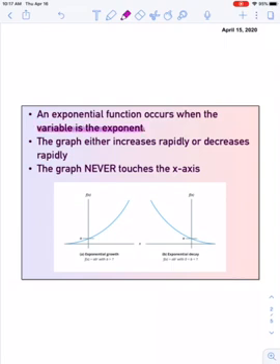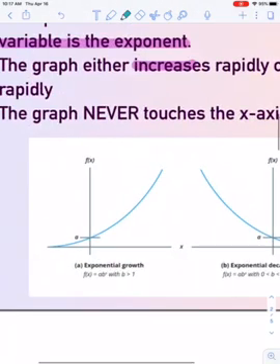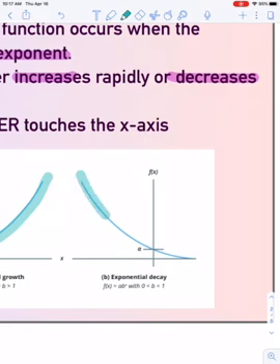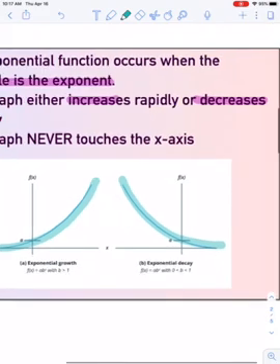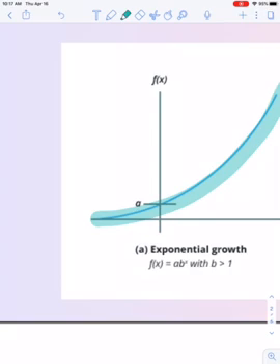A couple things about exponentials. It occurs when your variable is your exponent. The graph either increases or decreases rapidly, very, very fast. If you look over here, this one's increasing rapidly and this one is decreasing rapidly. The other strange thing about exponentials is that they never touch the x-axis.